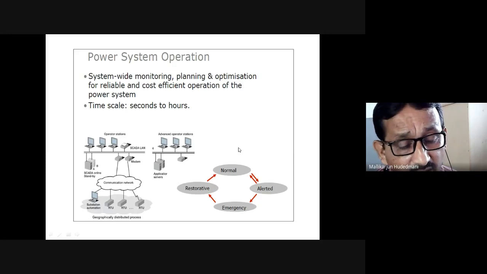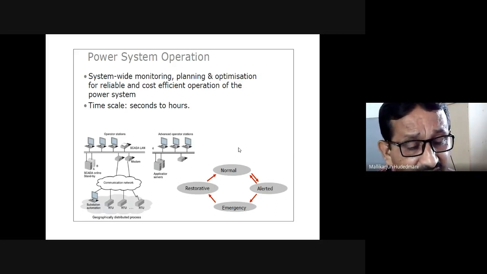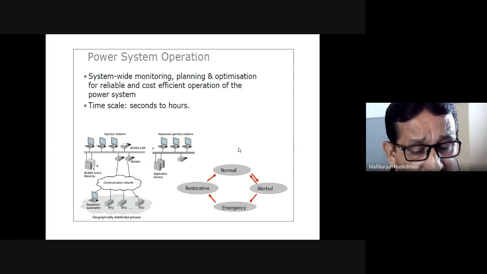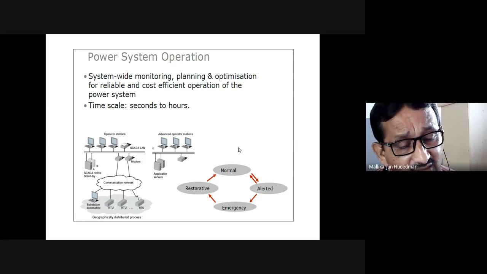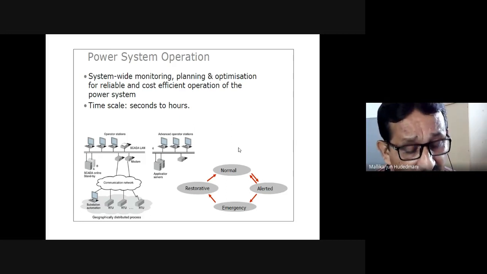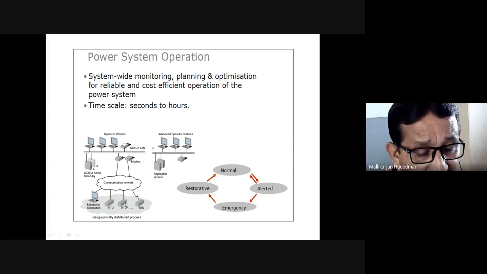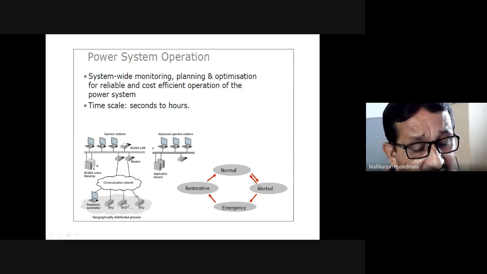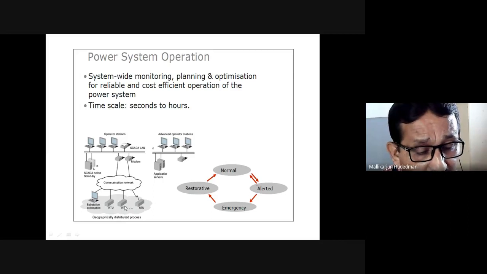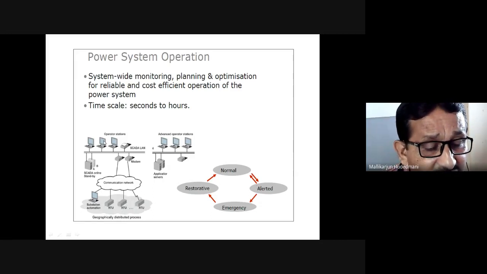When a system is normal, all the computing facilities declare that everything is under your control. The parameters you are observing are well within range and things are going well with the transaction. When any computer or any device in the field, or a mechanism, suffers a minor shift in parameter, it's an alert that is indicated in the computing facility over here as well as in the energy control center.